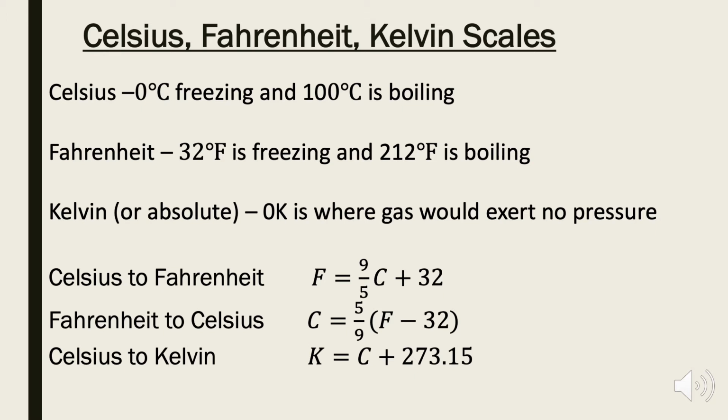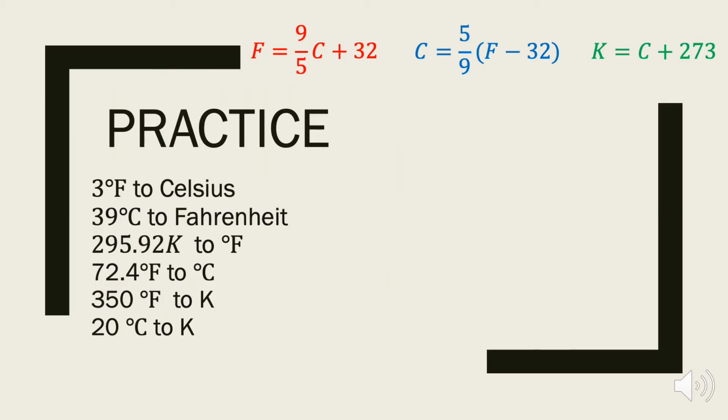So let's do some practice problems. At the top, I have the three equations. The first question says go from 3 degrees Fahrenheit to Celsius. If I'm looking for Celsius, I'm going to use that middle equation where I plug the 3 degrees in for F. The second one says 39 degrees Celsius to Fahrenheit.